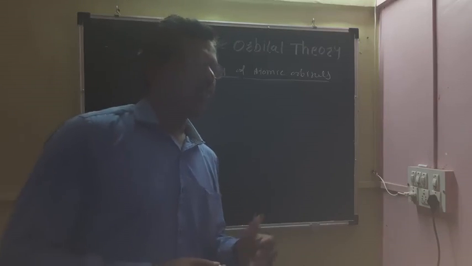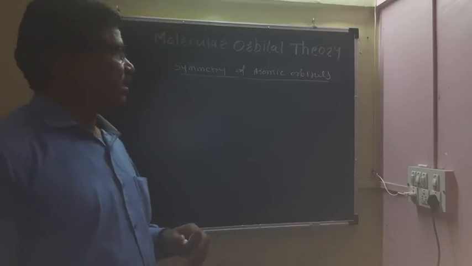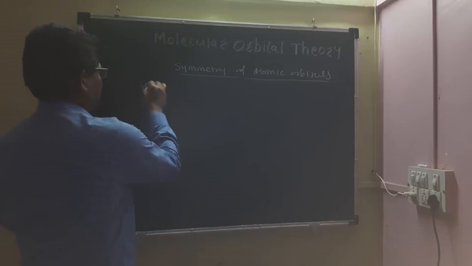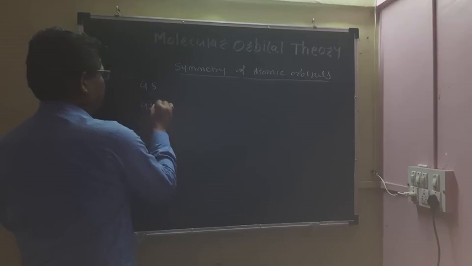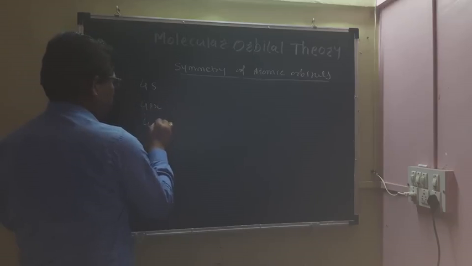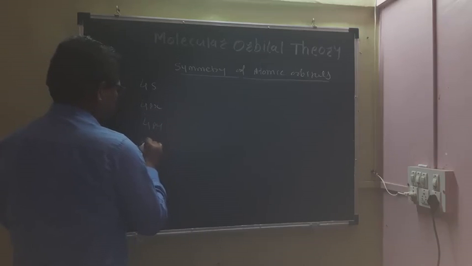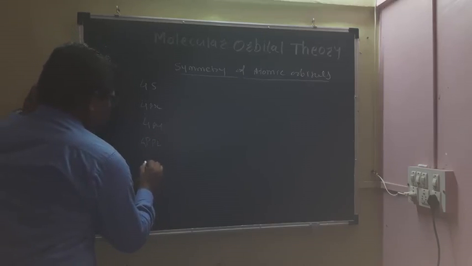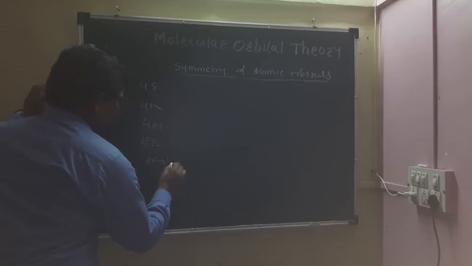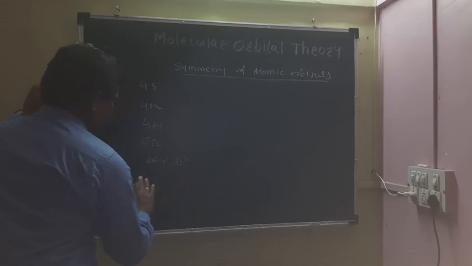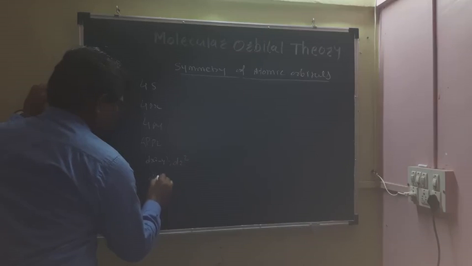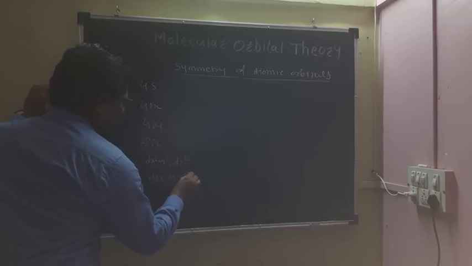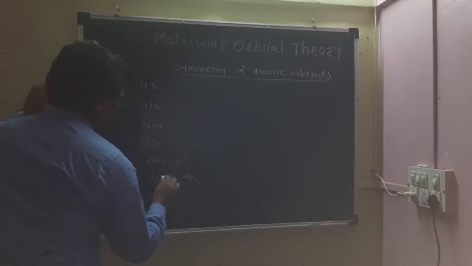In sigma bonding, the pure sigma bonding orbitals are the 4s, 4px, 4py, 4pz orbitals, the dx²-y² and dz² orbitals, and the dxy, dxz and dyz orbitals.